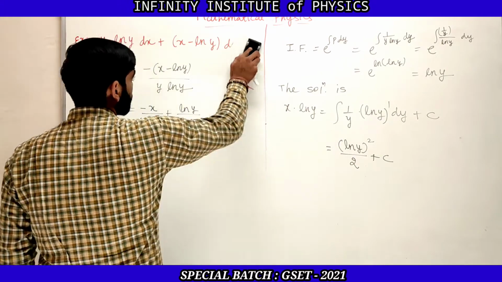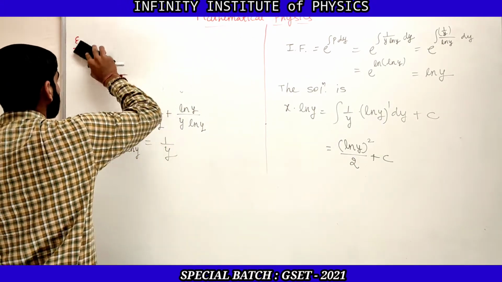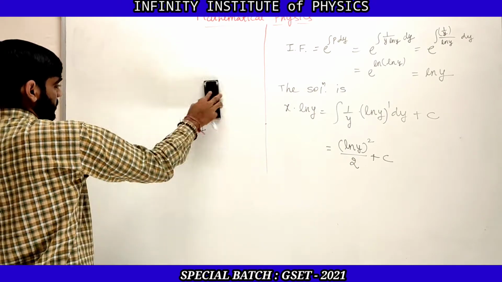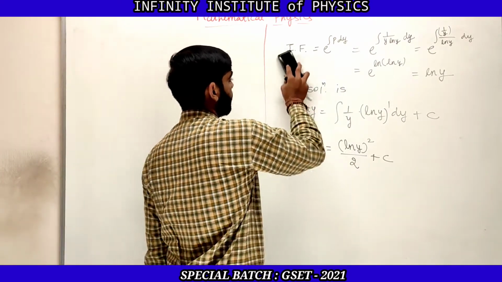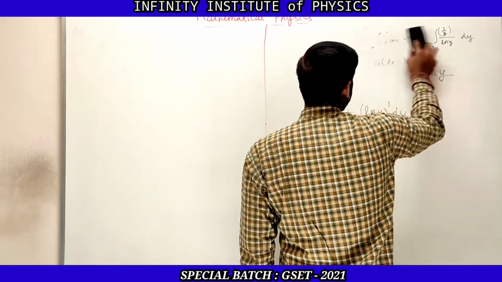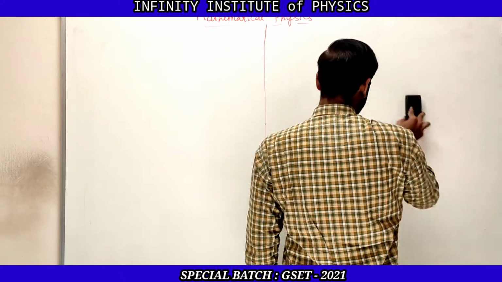Now next, there is also the case of non-linear ones, as we have studied before. For exact there is non-exact, for homogeneous there is non-homogeneous. In the same way we also have the case of non-linear, and in particular we are going to study Bernoulli's differential equation.